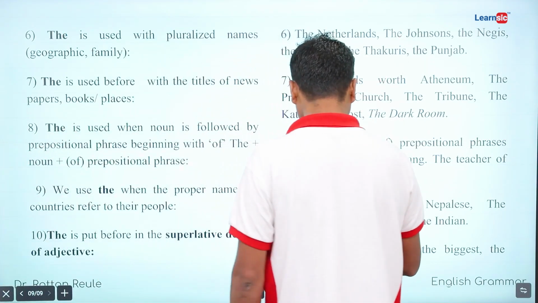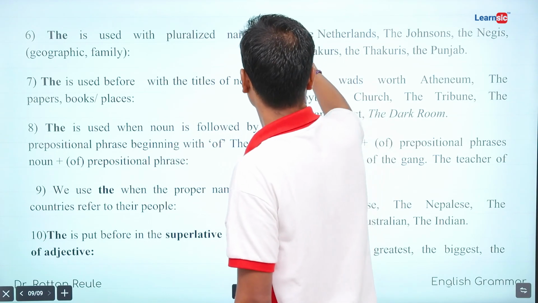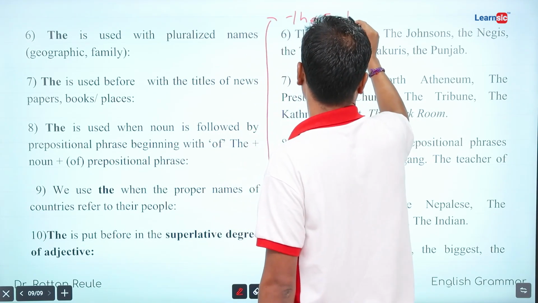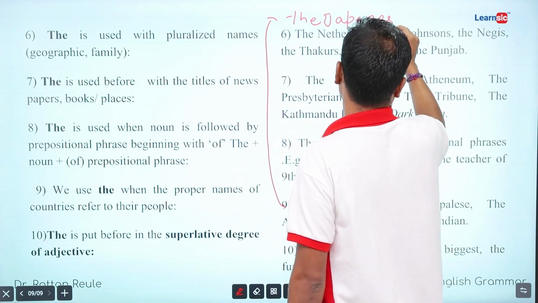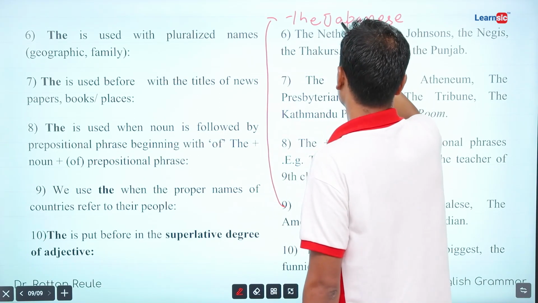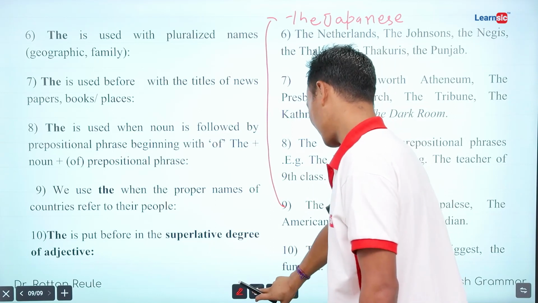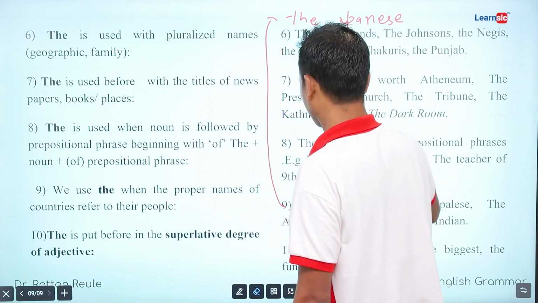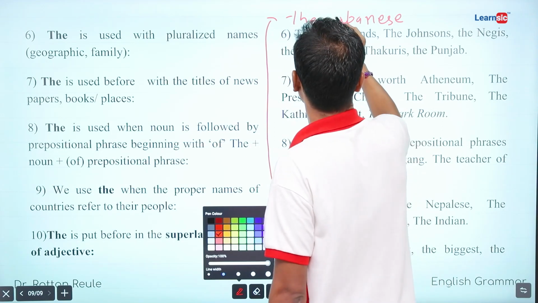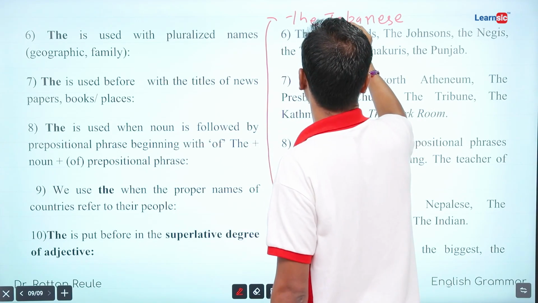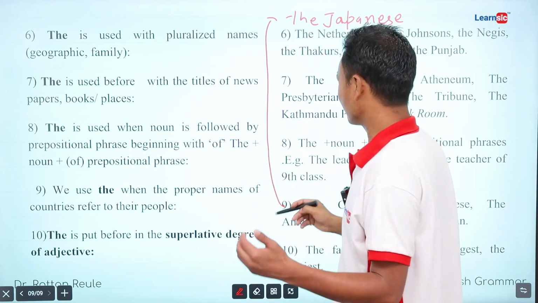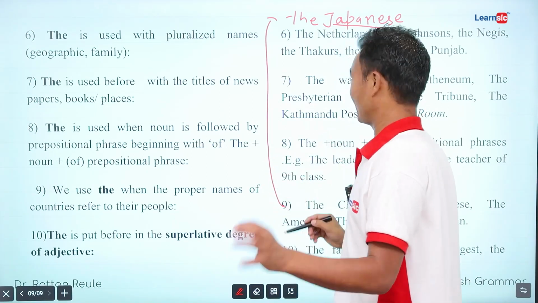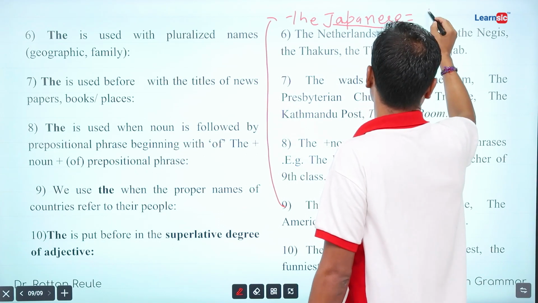For another example, we can take the Japanese, right? The Japanese. When the name of the country stands for all people, it means the people of that country.